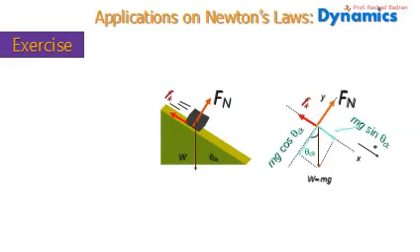This part is also another application of Newton's first law, but this time we're going to allow the block to slide down the inclined surface with a constant speed under the effect of the force of kinetic friction.